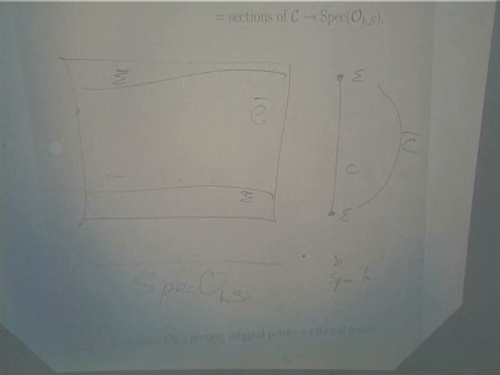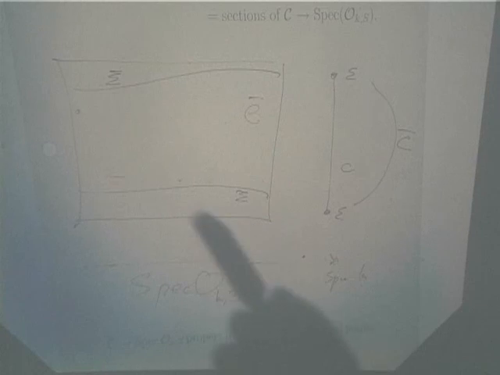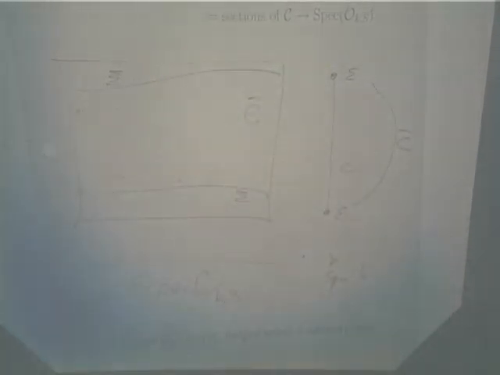So the closure of the points of sigma will give me some closed subset, and the complement I'll call C. In fact, I can take any model of C, any scheme whose restriction to Spec K is C, but it's usually more convenient to take just the complement of sigma bar in some completion.